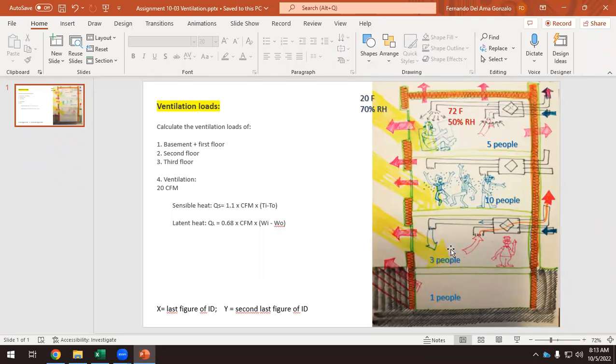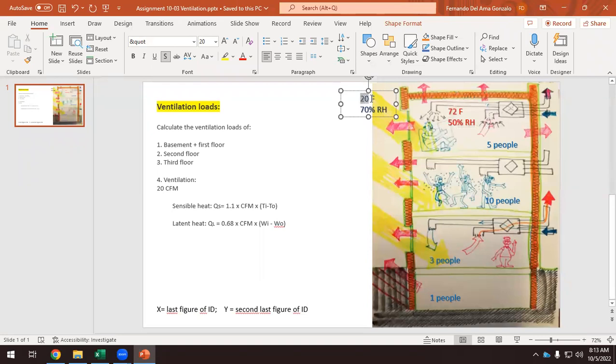This is what we're going to do: 4 people on the basement and first floor, 10 people on the second floor, 5 people on the third floor. And the conditions: we have 72 Fahrenheit and 50% relative humidity indoors. We measured the temperature and relative humidity outdoors, and we have 70% relative humidity and 20 Fahrenheit.